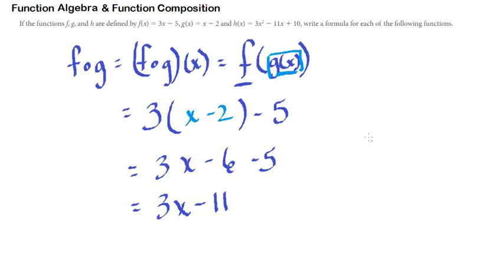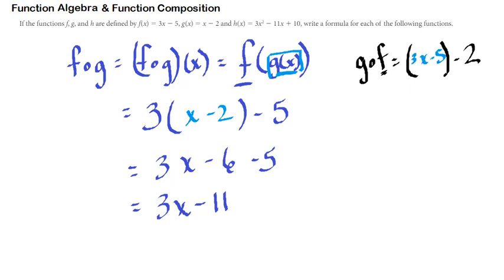Let's look at, just to see what it would equal, let's look at g of f. So g of f would then be x minus 2. In place of x, I'm going to put f, and f is 3x minus 5. 3x minus 5.